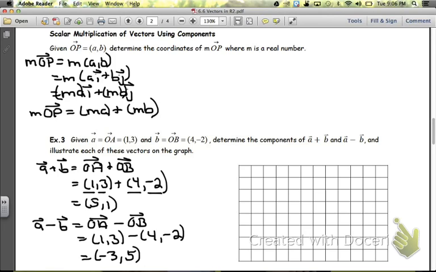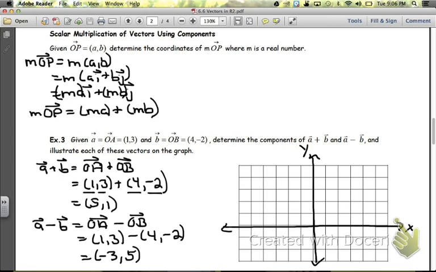So now let's do the second part of this example and illustrate our vectors. I'm just going to draw our axes here, our x and our y-axes. Let's first label our vector A and our vector B. We know that A is at (1, 3).